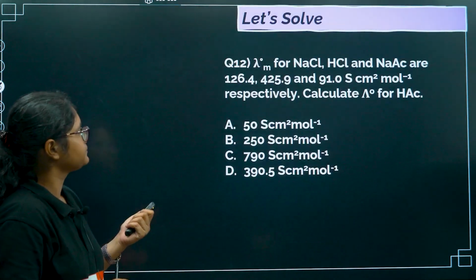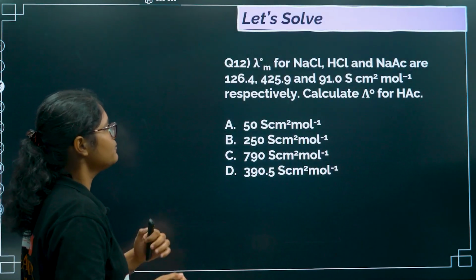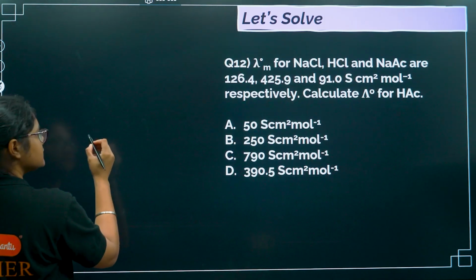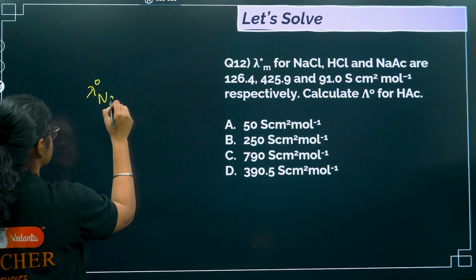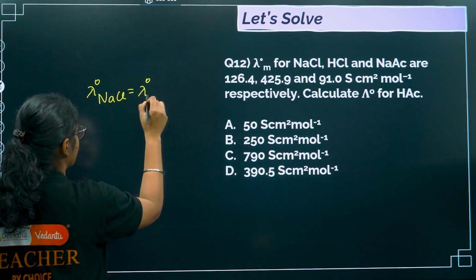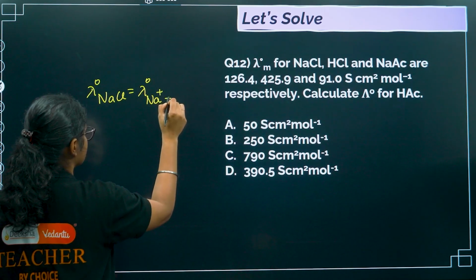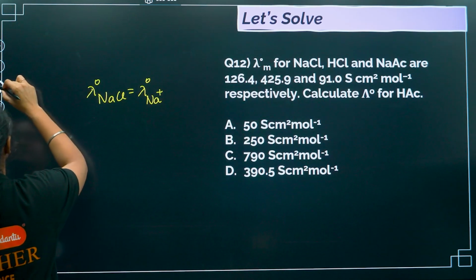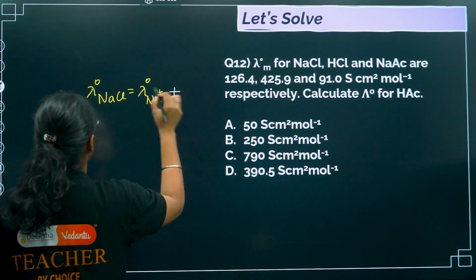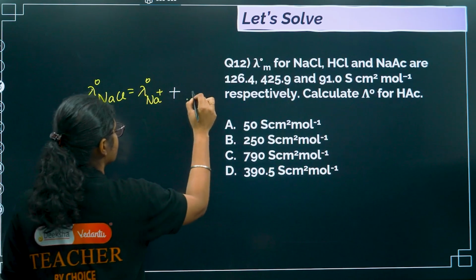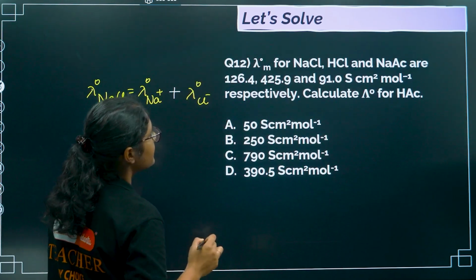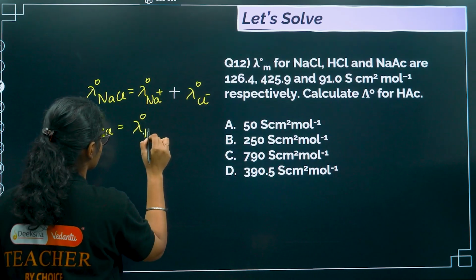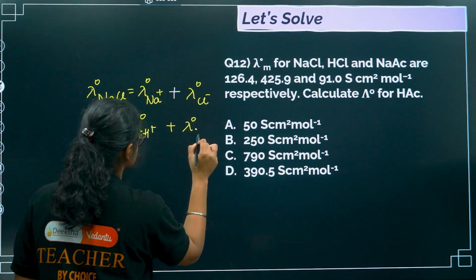Okay, fine. So here the example is there for you. Lambda naught m for NaCl, HCl and NaAc are given. So let us note down these values. Lambda naught m for NaCl means lambda naught of Na plus and lambda naught of Cl minus. Then we have lambda naught for HCl, which is equal to lambda naught of H plus and lambda naught of Cl minus.